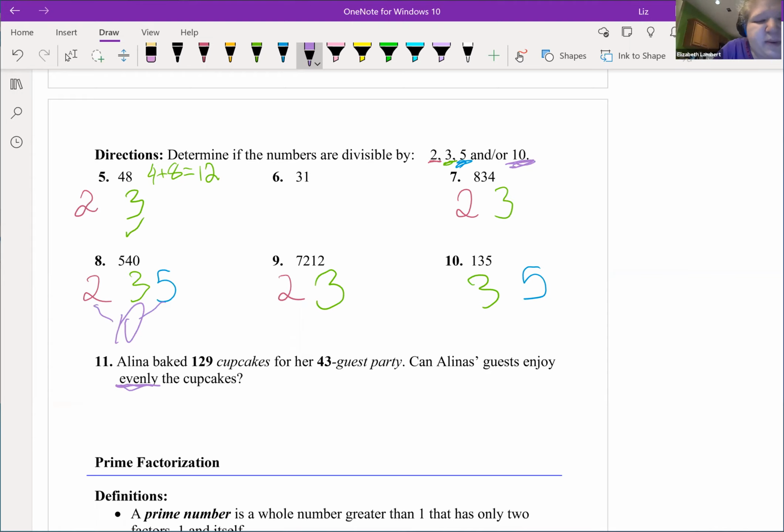It is divisible by 3. 3 goes into 12 4 times, or goes into 120 40 times. And then 3 goes into that 9 3 times. Oh, so how many cupcakes does everybody get? Yes, they can evenly split. They're all going to get 3 cupcakes.